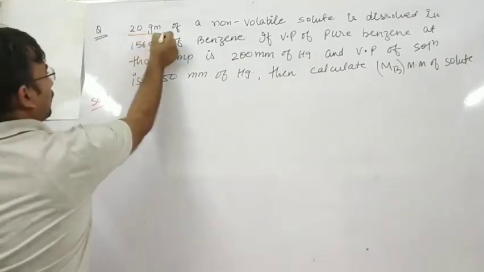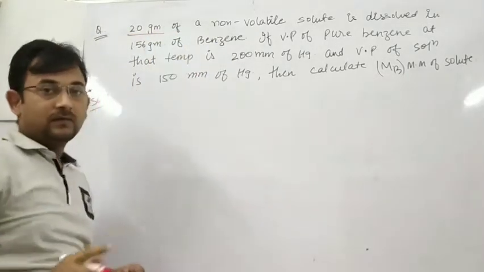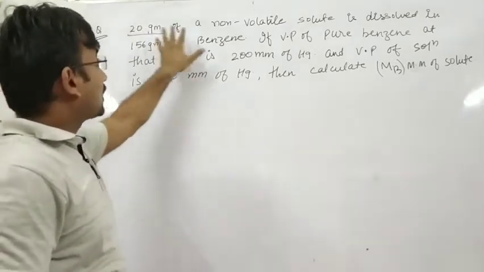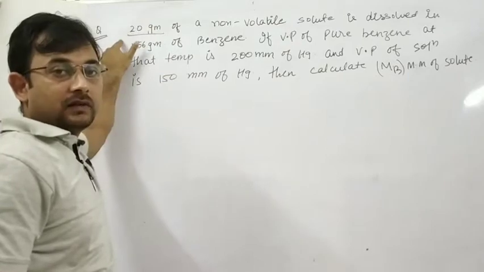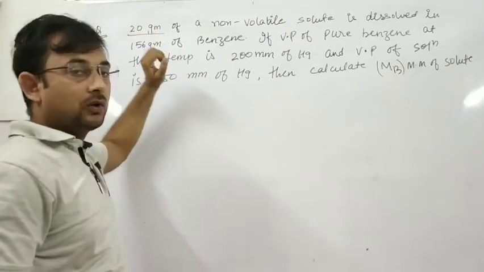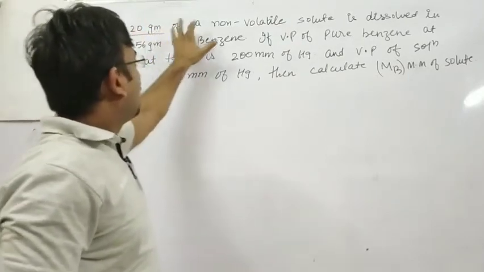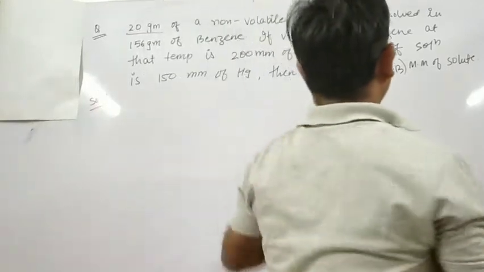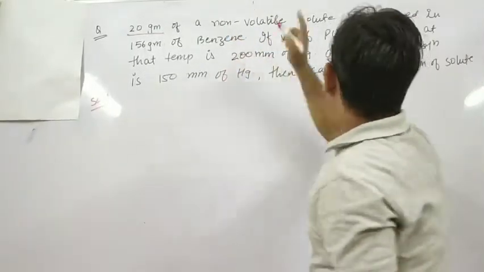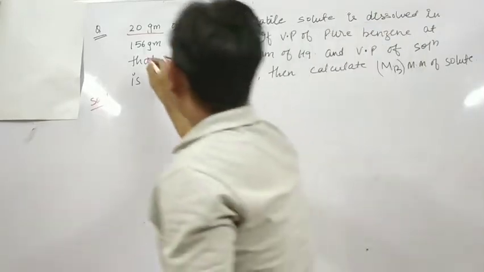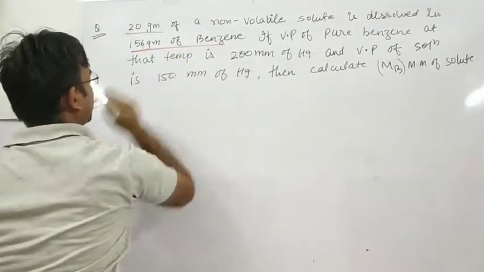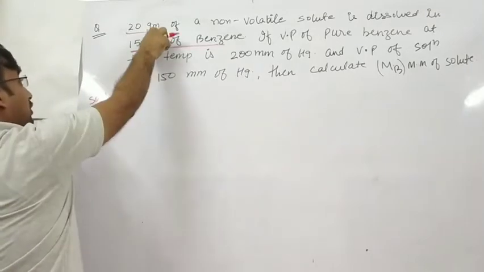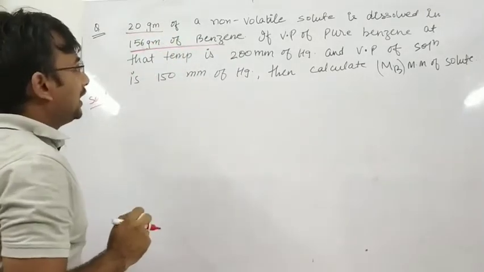Now see this question. 20 grams of non-volatile solute. See, in this question the solute is unknown to us. Only its mass is given, we don't know which solute we have, but its nature is given, that it is a non-volatile solute, dissolved in 156 grams of benzene. So this is your solute and benzene is your solvent.